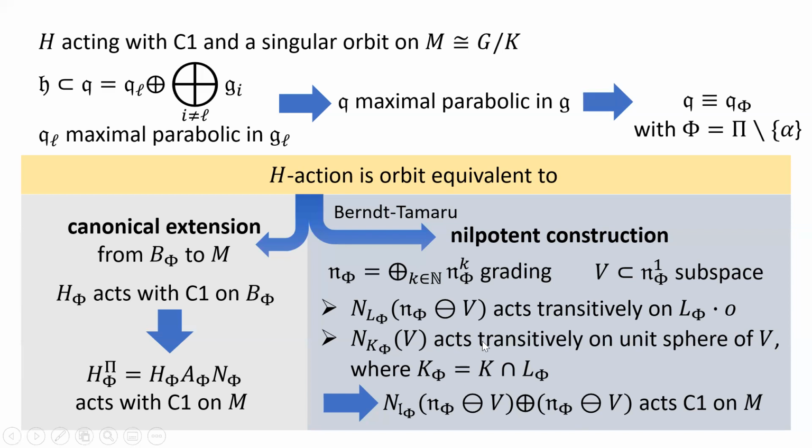And the second condition means that you have a slice representation that is transitive on unit spheres, on points of the singular orbit. This is the idea.